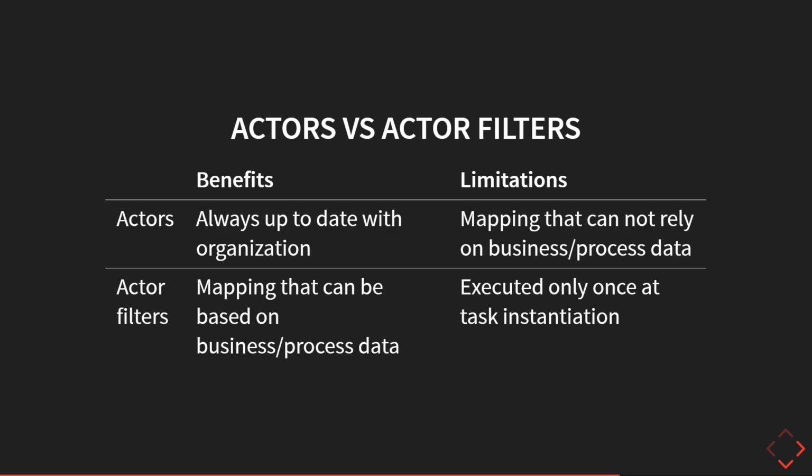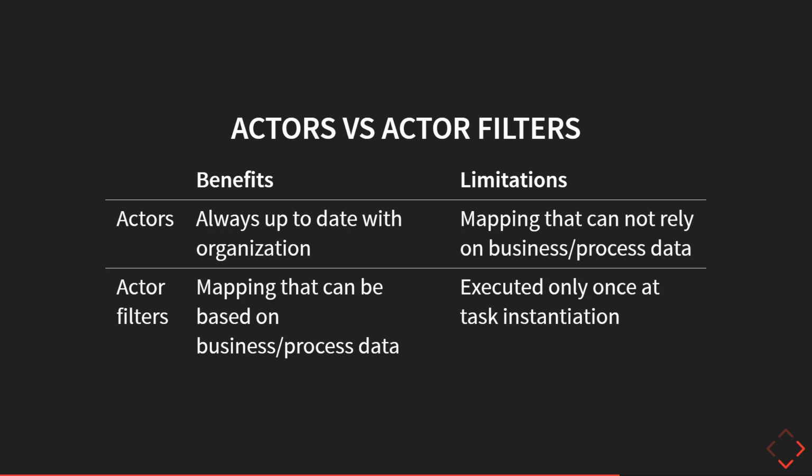The second option, the actor filter, the benefit is really this capability to use process instance information. Also, you can work with some external system. For example, if you have a system that deals with the skills of some employees, and you want to use it to assign the task to different users, a custom actor filter can use such information to dispatch the task.